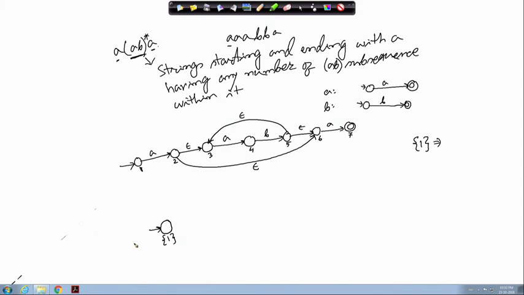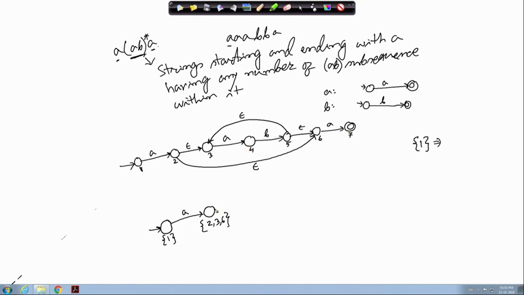Now, from this state, if you go on A, you will be reaching the state 2, and from state 2 on epsilon transition you can go to the states 3 and 6. So, from this one I can come to a state which is 2, 3, 6 on A. And from these states 2, 3, 6, if you go on A, from 2 on A you cannot go anywhere, from 3 you can come to 4, and from 6 you can come to 7.